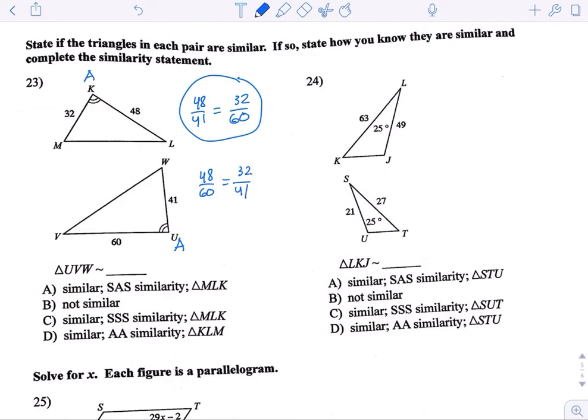Now, when I punch this into the calculator, this becomes 2.5, and this side is 32 divided by 41. This is 0.8, and this one's roughly around 0.78. So clearly, the sides are not proportional to each other, which means they are not going to be similar.